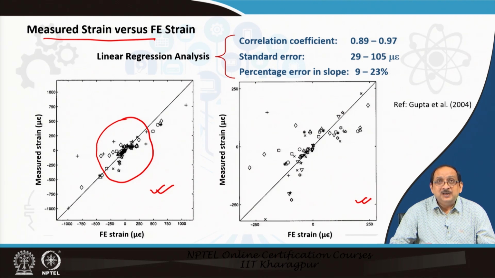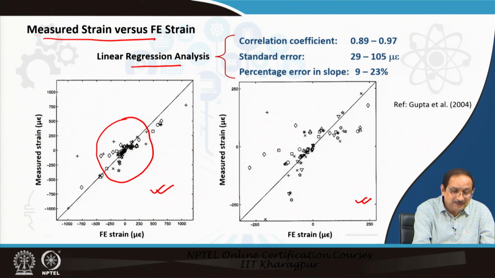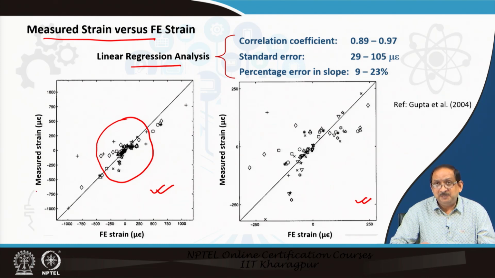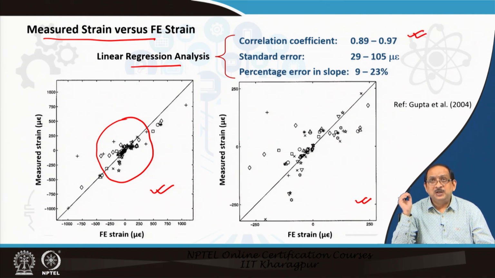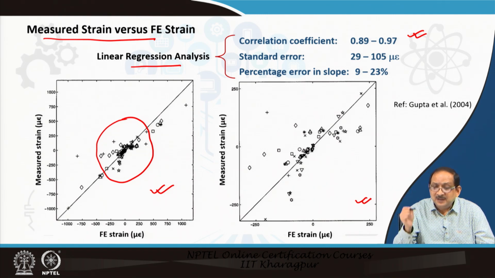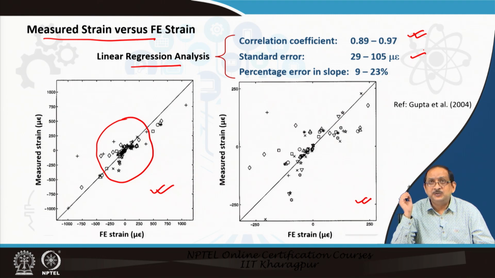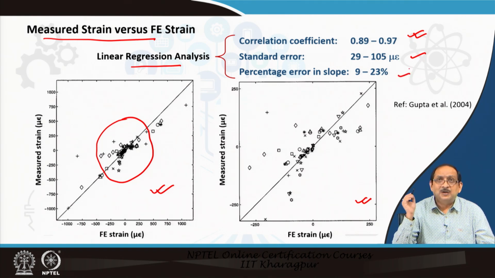Now, when we perform a linear regression analysis between the two independent data sets, measured strain and finite element strain, we find a correlation coefficient varying between 0.89 and 0.97, a standard error varying between 29 and 105 microstrain, and a percentage error in slope of 9 to 23%.